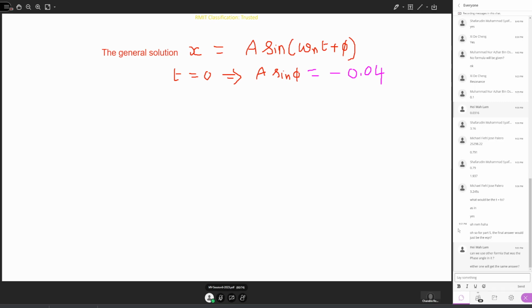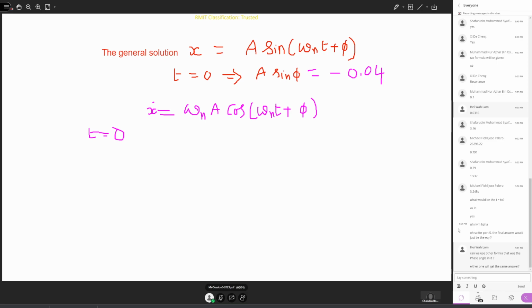Similarly, you need to differentiate this to get x dot. So x dot is omega n times A cos(omega n t plus phi), since sine becomes cos.